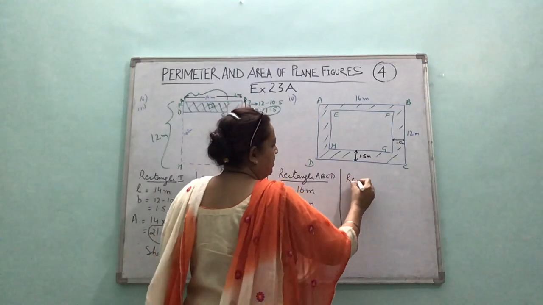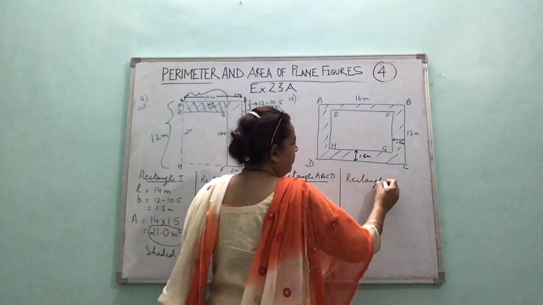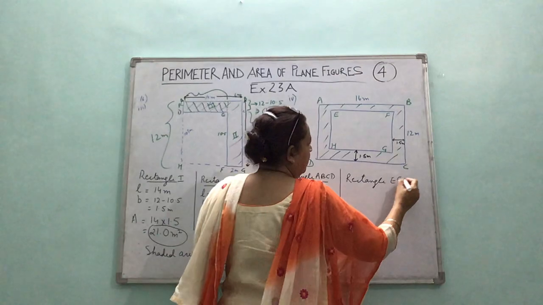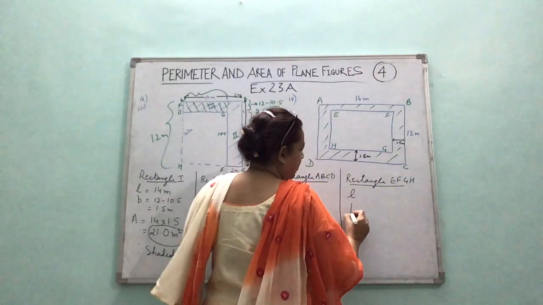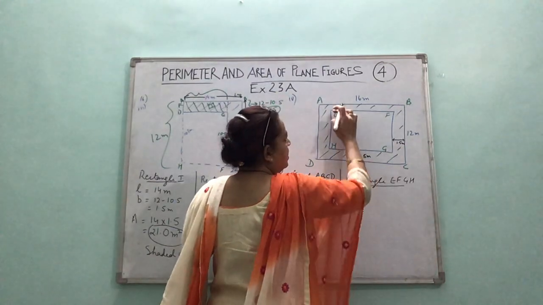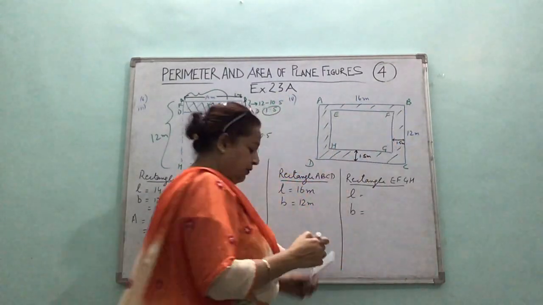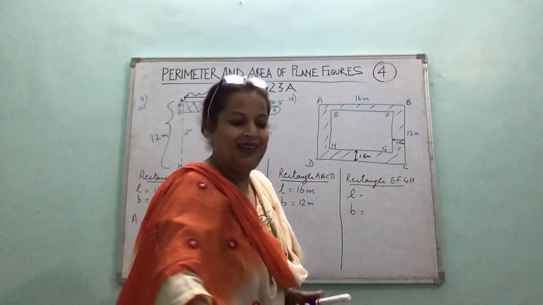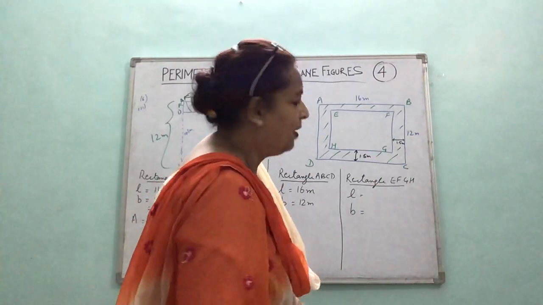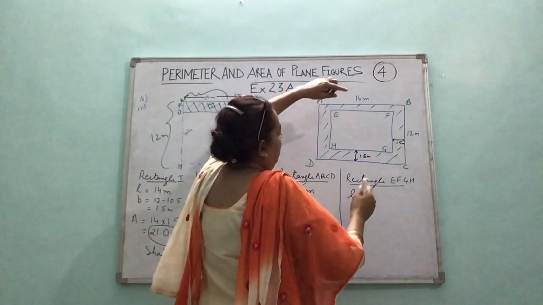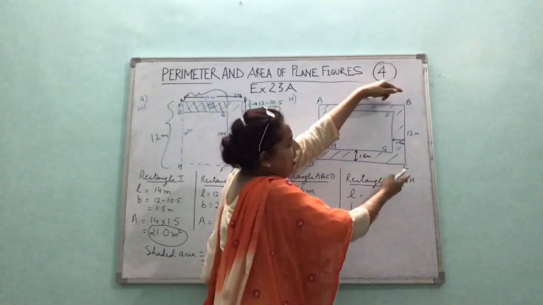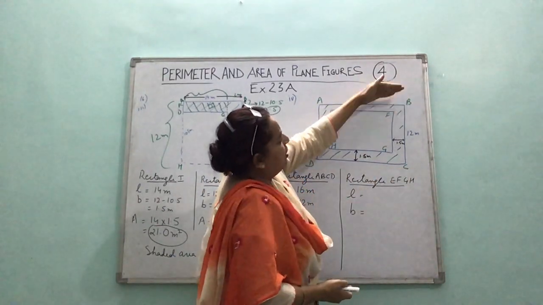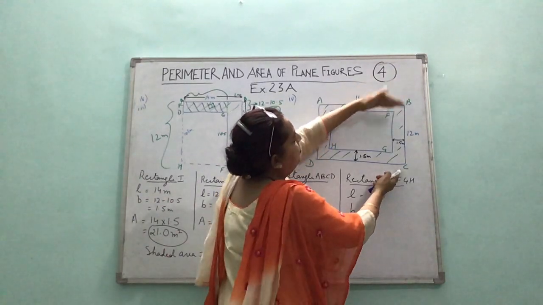Now what is the next one? Rectangle EFGH. Length I don't know, width I don't know. Now see how to find it. Pay attention, children. This outside is 12 meter, right? Now to reach here, how much less from the top?